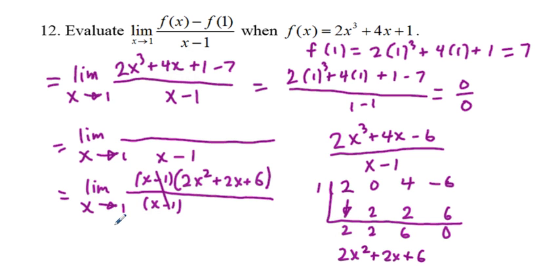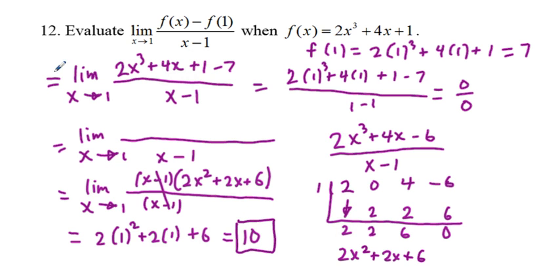And we have a cancellation, and if we substitute in 1 for everything else, we have 1 in place of x, we have 2 times 1 squared plus 2 times 1 plus 6, which equals 2 plus 2 plus 6, which equals 10. Okay, to me, the factoring out was the toughest part of this. Now, this is maybe the most challenging problem on the test.